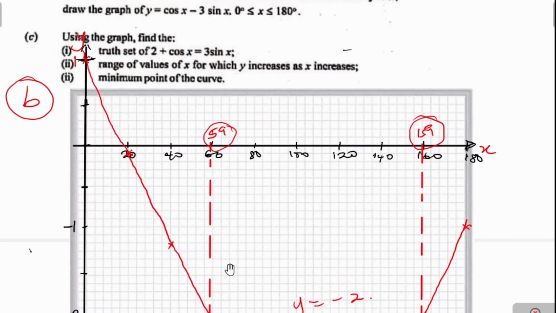So let's go to I, which is the range of values of x for which y increases as x increases. The graph is to the y. If you are to find the range of values of x for which y increases as x increases, from here, this is the beginning of the graph according to the table. Y is decreasing from here because the graph keeps going down, going down, going down.